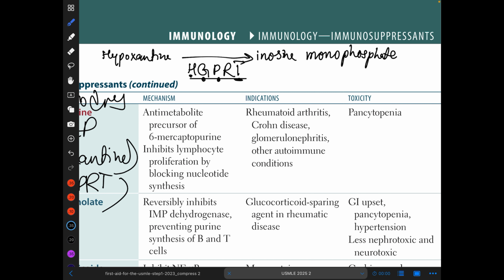This HGPRT is very important for the conversion of hypoxanthine into IMP and guanine into GMP.